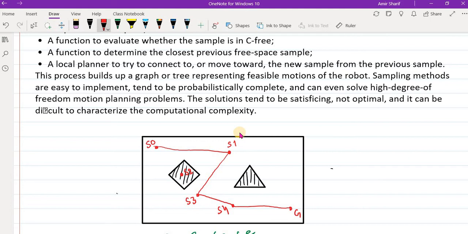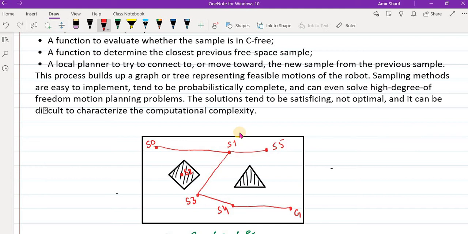This process builds up a graph or a tree representing feasible motions of the robot. So you see that in this process of connecting the random points, we're building a graph. Actually, it's a tree. For example, if you take more samples, let's say if I take sample S5 here, this sample will be connected to S1 because this is the nearest one here.